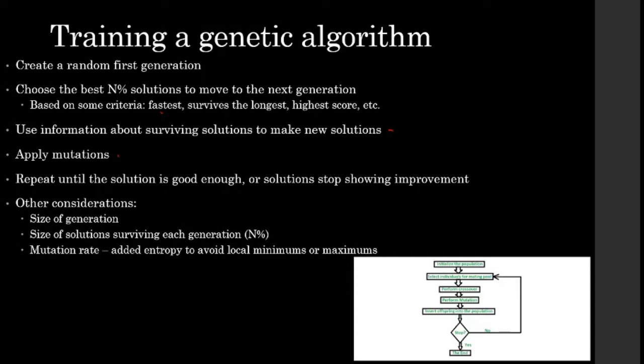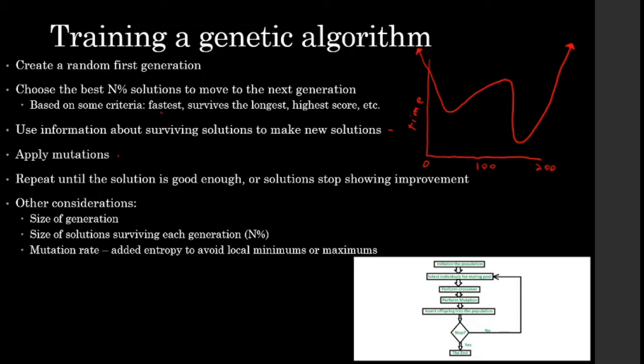So considerations that need to be made are the size of the generation, which can affect how fast the algorithm can train, how many you want to survive each generation, and how much mutation is added between generations.